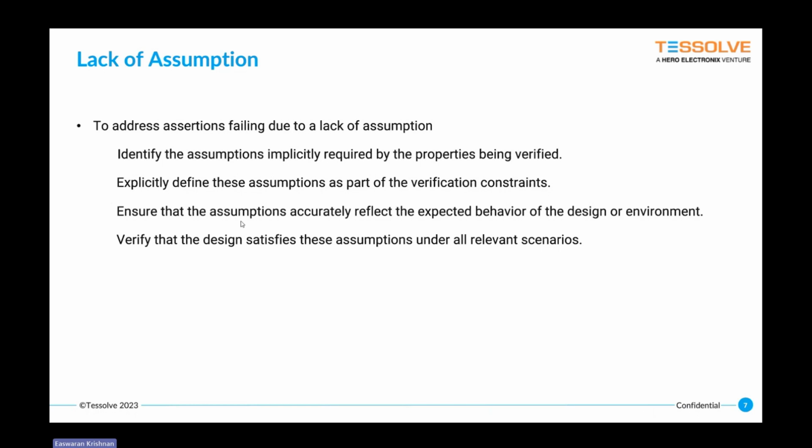Then we need to ensure that the assumptions accurately reflect the expected behavior of the design. Finally, we need to verify the design satisfies all the assumptions which we coded explicitly, under all relevant scenarios. These are the steps we need to follow to make sure we explicitly code all the related assumptions.